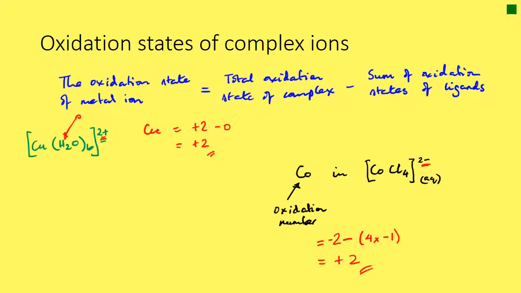The oxidation state of the metal ion is the total oxidation state of the complex minus the sum of the oxidation states of the ligands.